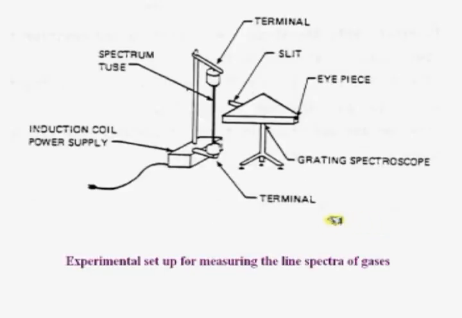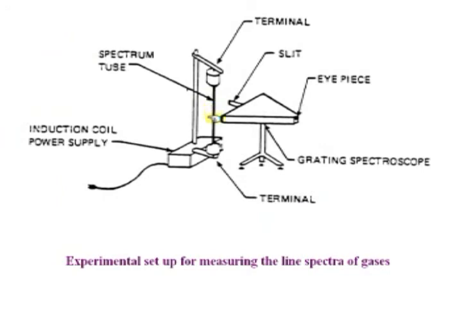If you look at the experimental setup here, you have the grating spectrograph, which is of course a small type of spectrograph, a very inexpensive one. There are very expensive spectrographs also. This is the tube in which the element in gaseous form will be, and that will be excited by a power supply, and this light can be passed through the spectrograph and seen through the eyepiece.